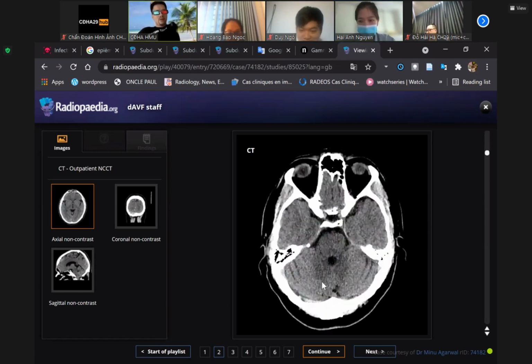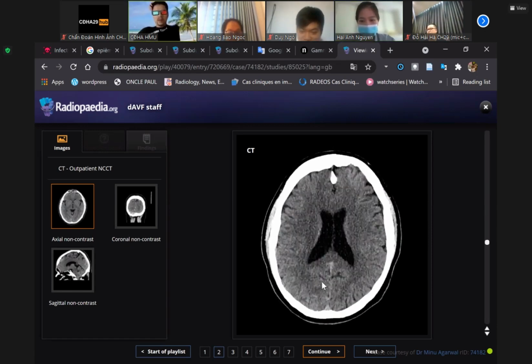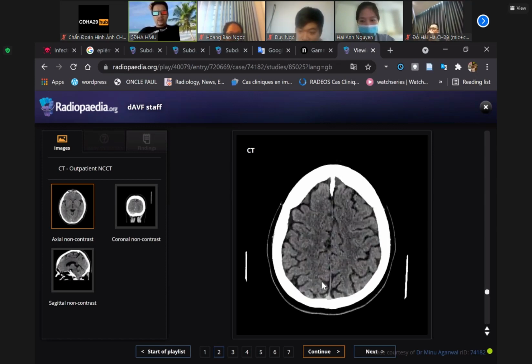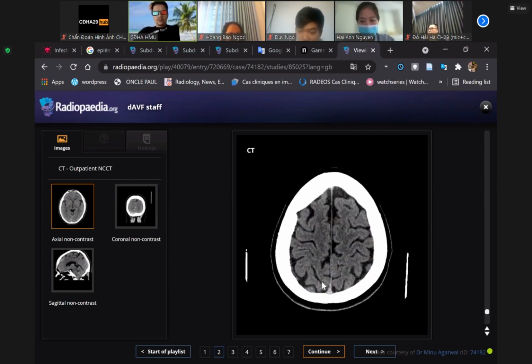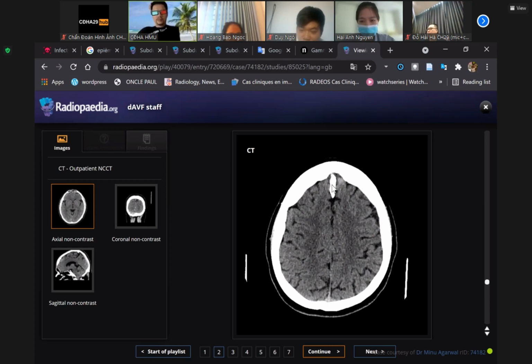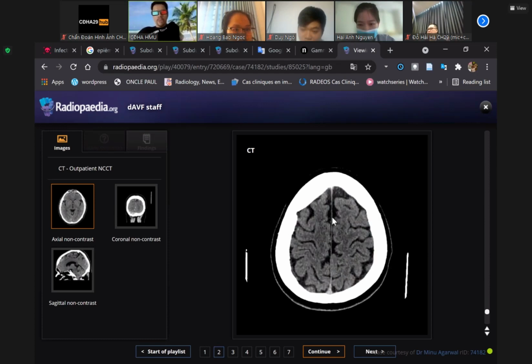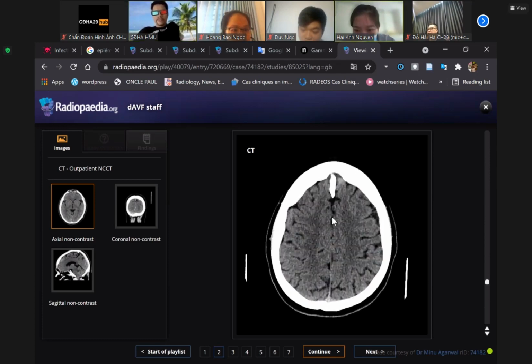Okay, now take a look at the initial CT scan first. It's a non-contrast initial CT scan. What do you see here? There's the SSS, the sagittal sinus.